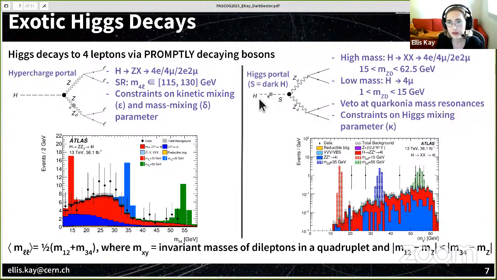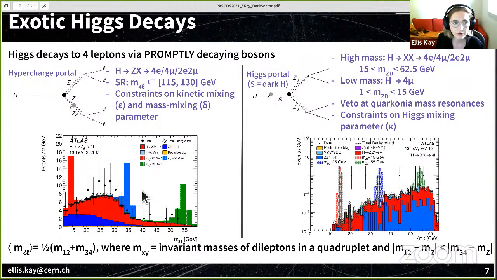And in the other, the Higgs actually interacts with a dark scalar with a mixing kappa and decays this time to 2 dark Zs. And in the second case, there are 2 mass ranges considered, where in the lower mass region, we only look at 4 muon final states. So we actually look for 2 dilepton pairs and then couple these together for a 4-lepton set.